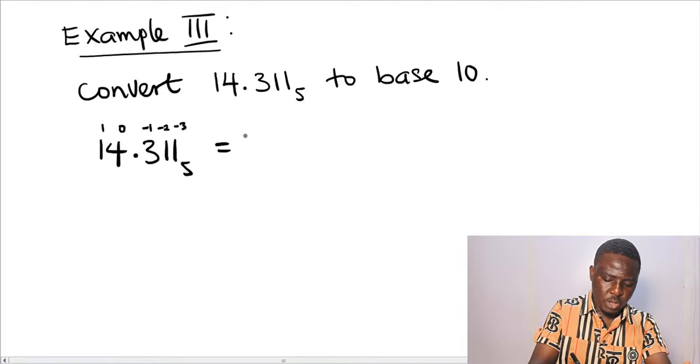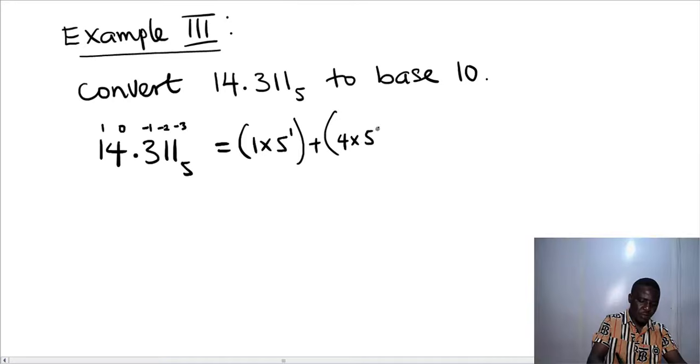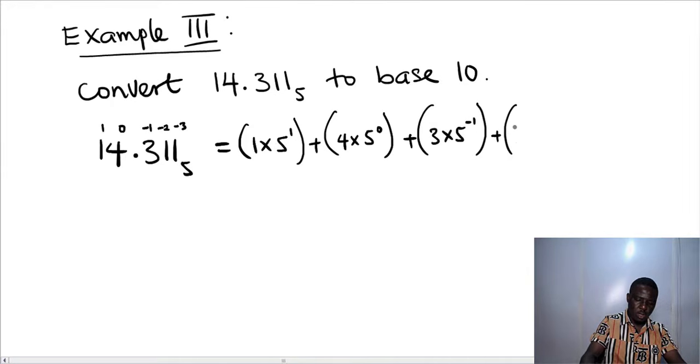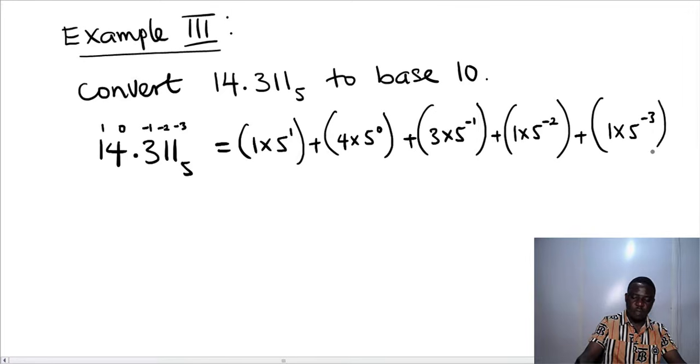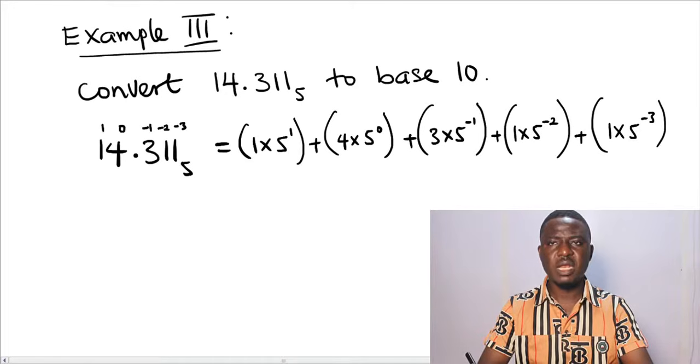So by expansion, we have 1 times 5 raised to the power of 1 plus 4 times 5 to the power 0 plus 3 times 5 to the power of -1 plus 1 times 5 to the power of -2 plus 1 times 5 to the power of -3. We have expanded them. Let's simplify further.